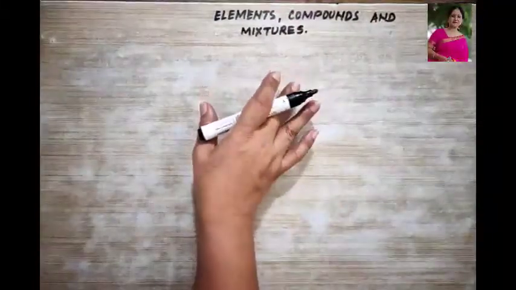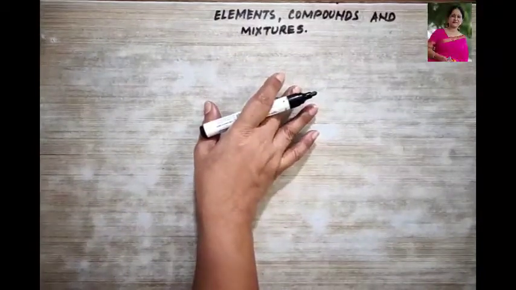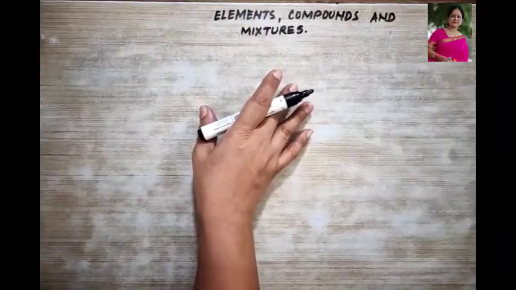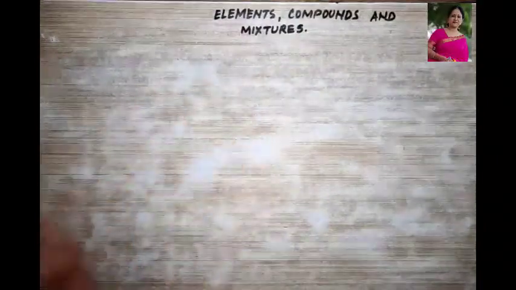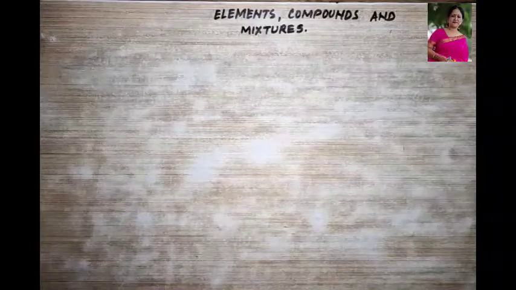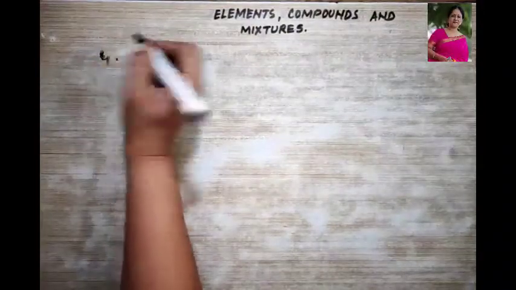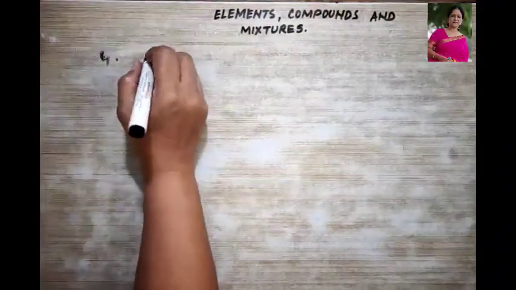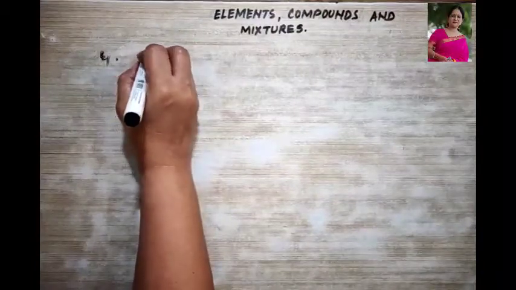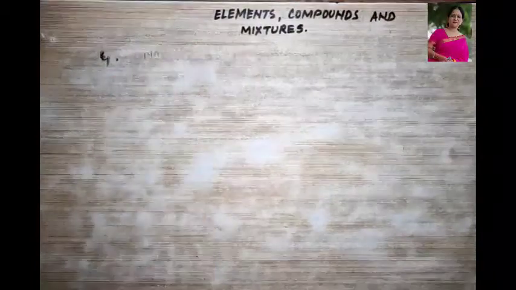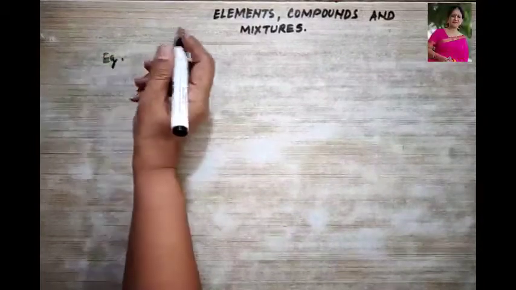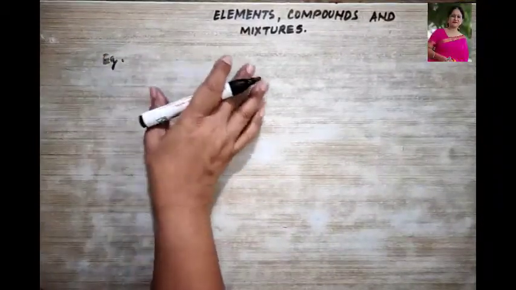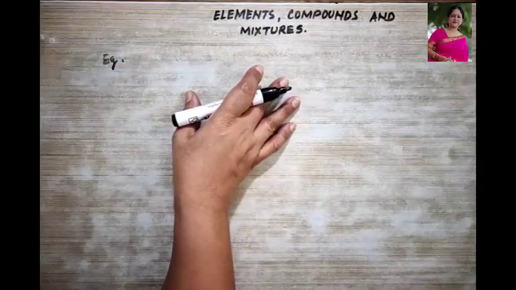Okay, so before I wind up with the chapter, let me explain to you how to show the flow chart to show the separation of the components present in a mixture. So let's take one example over here. Suppose I take common salt, let's take one example where we are going to separate the different types of mixtures that are present, right?